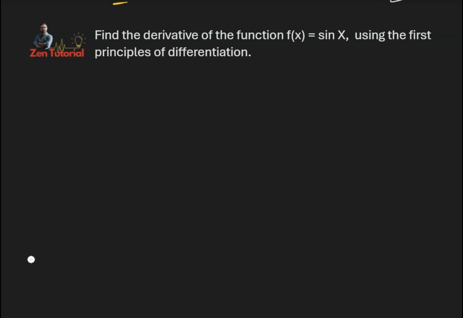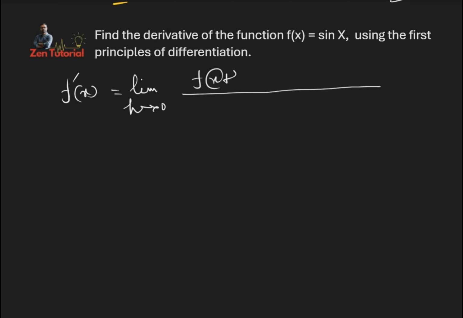So this problem: find out the derivative of the function f of x equals sine x using the first principle of differentiation, right? So the function is sine x. By using the first principle of differentiation, we could write down f dash of x is equal to limit h tends to 0, f of x plus h minus f of x, and of course over h.